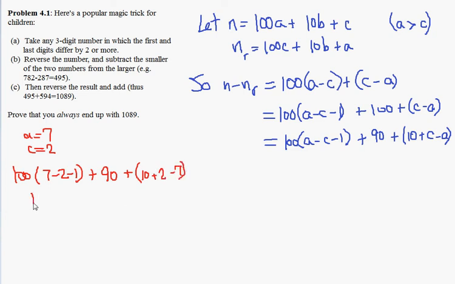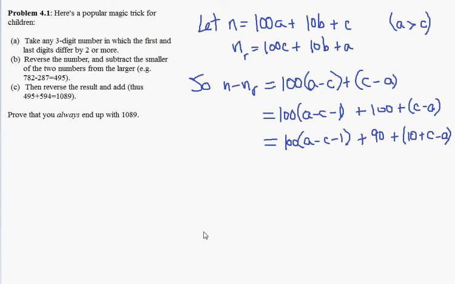So that works out to be 100 times 4 plus 90 plus 5, 495. And so the last expression that we have here is in base 10 form. So that's our numerical example. So that is our difference. So let's call that difference D.